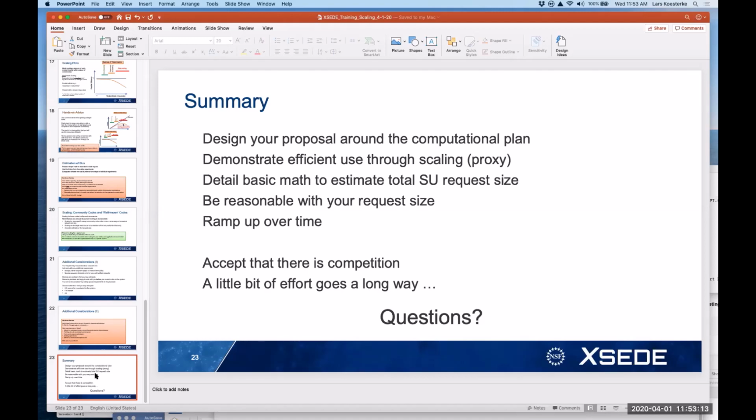Let me just go back to the chat room. Yes, there's the question from Arvind about Abacus. Yes, you still have to document the scaling, because you use the scaling to also estimate the total number of SUs.